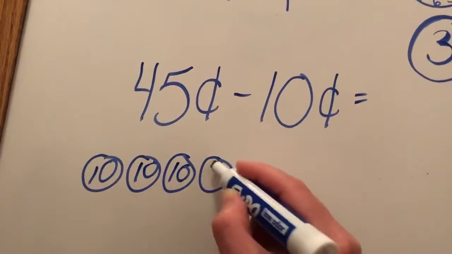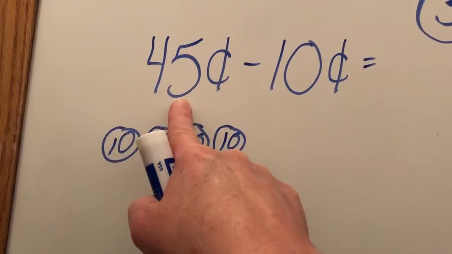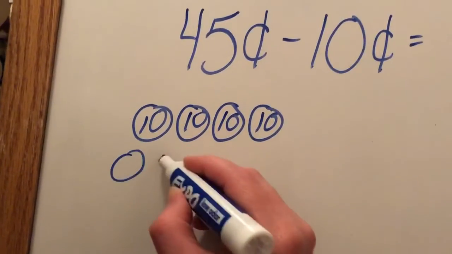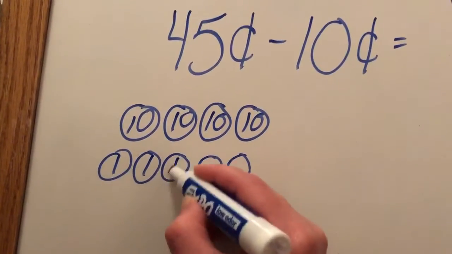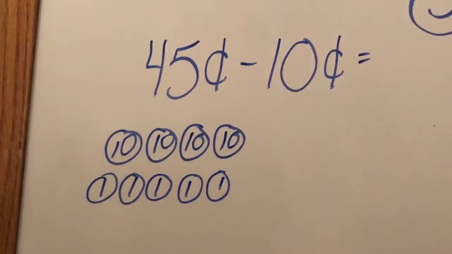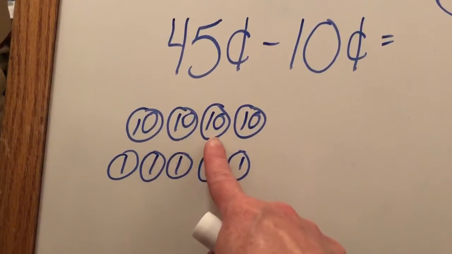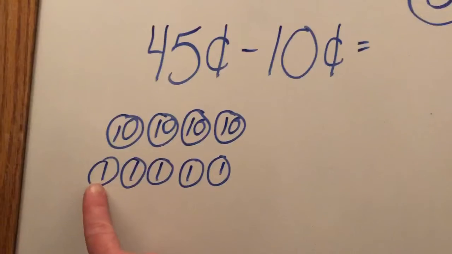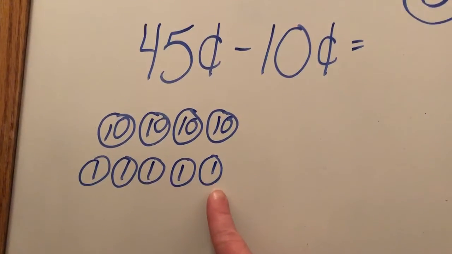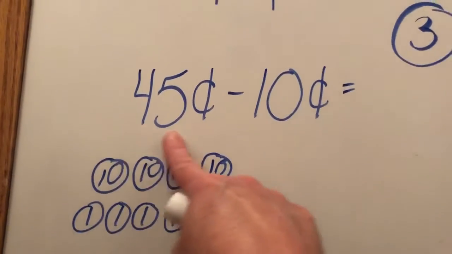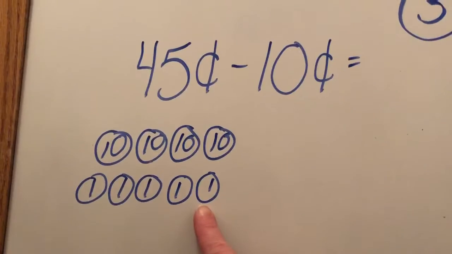And then how many ones? We have 5 ones, don't we? We're going to represent that with 5 pennies. And each penny represents, of course, 1 cent. So here we have 45 cents. Let's count. 10, 20, 30, 40, 41, 42, 43, 44, 45. 45 cents. 4 tens, 5 ones.